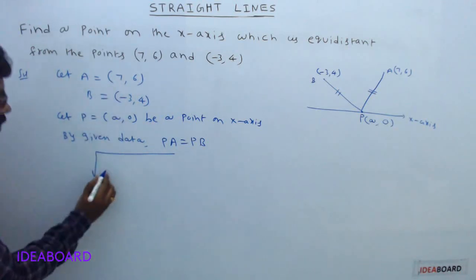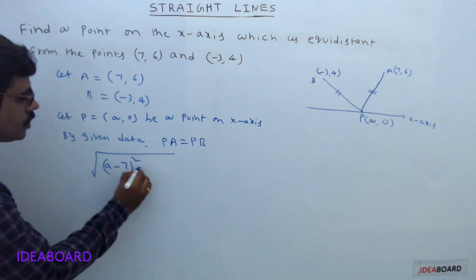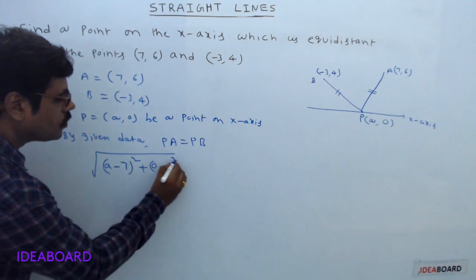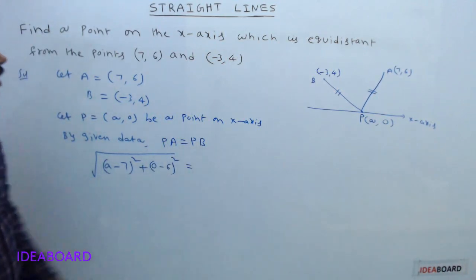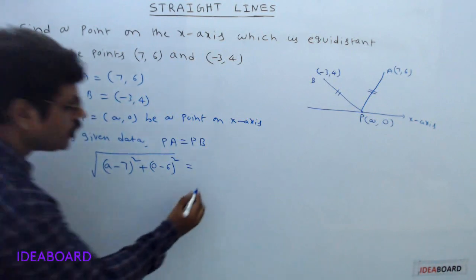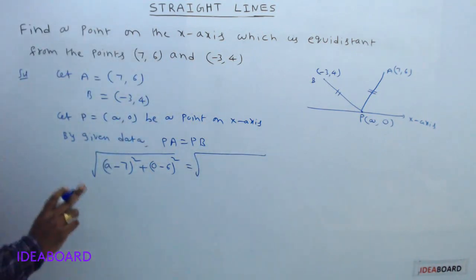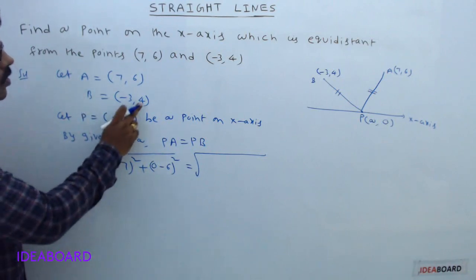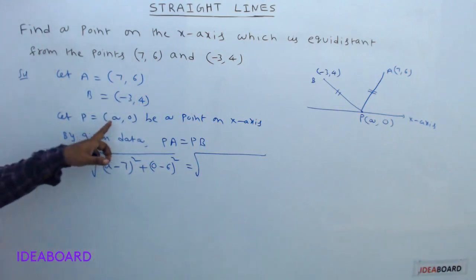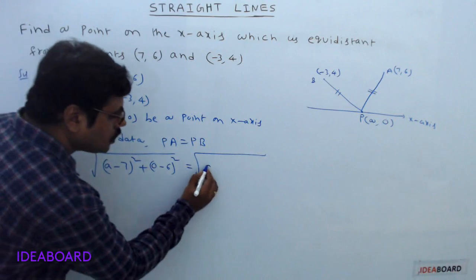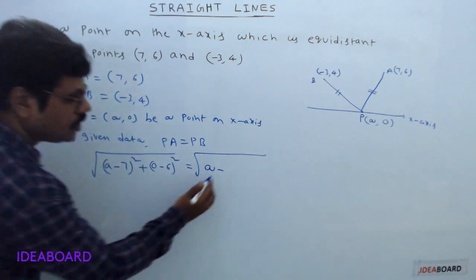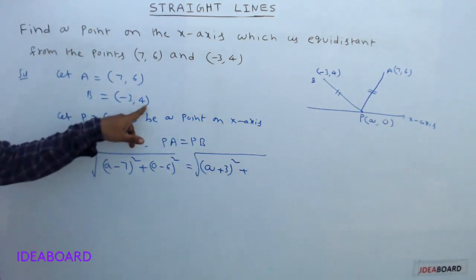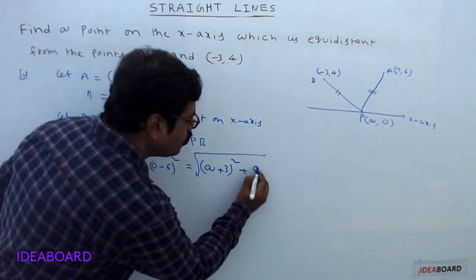So x2 minus x1 whole square, that is a minus 7 whole square plus 0 minus 6 whole square equals PB, distance between the points P and B. It is square root of, again apply the formula, x2 minus x1 whole square plus y2 minus y1 whole square. So here x2 minus x1 whole square, that is a minus of minus 3, that is a plus 3 whole square plus y2 minus y1 whole square, 0 minus 4 whole square.